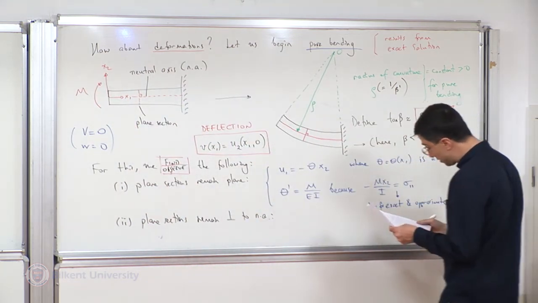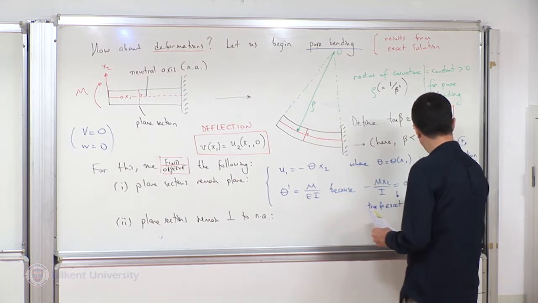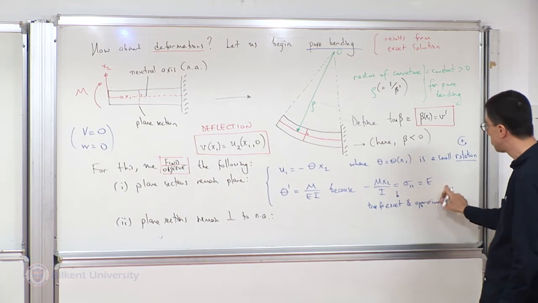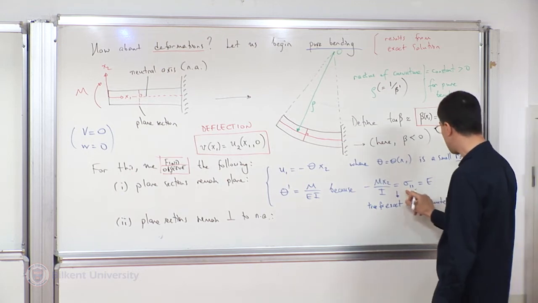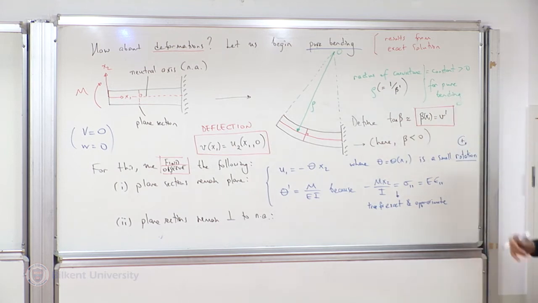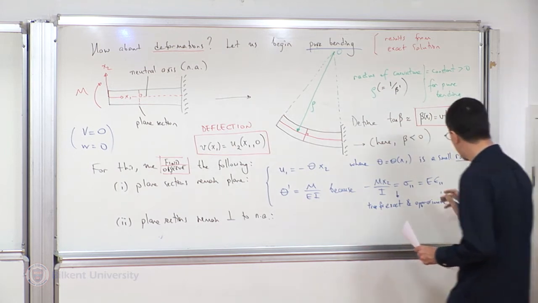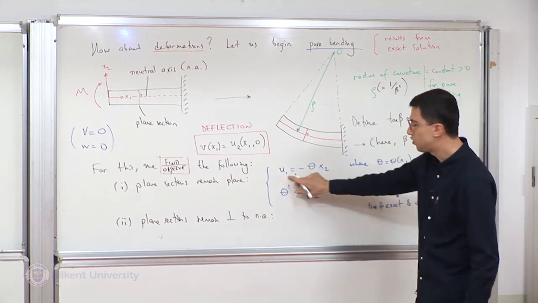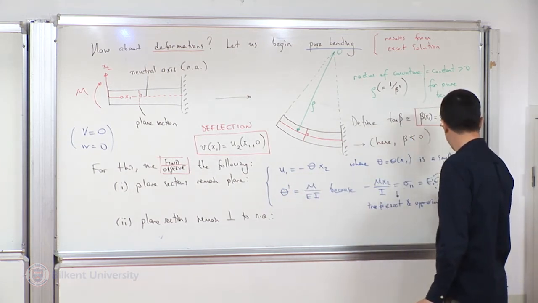Okay? But now, what does not hold always is, first of all, I'm assuming plane strain because epsilon 2,2, 3,3, etc. are 0. Sigma 1,1 is always equal to E epsilon 1,1 for plane strain. Now, the critical part is to say that epsilon 1,1 is u1,1.